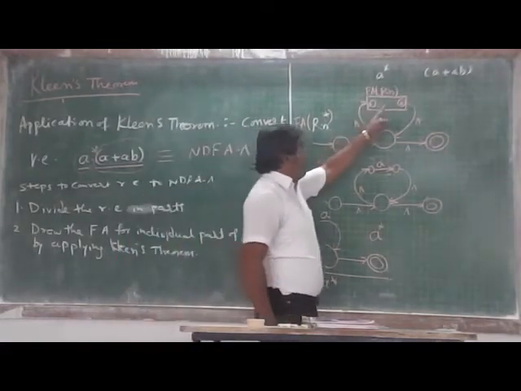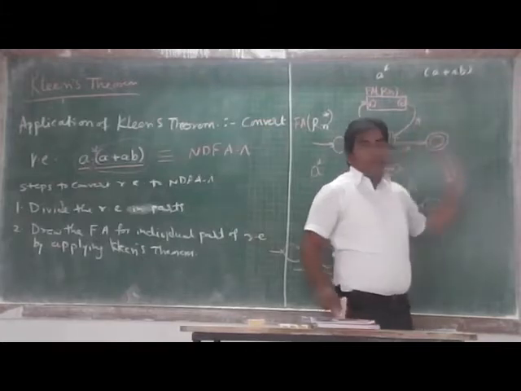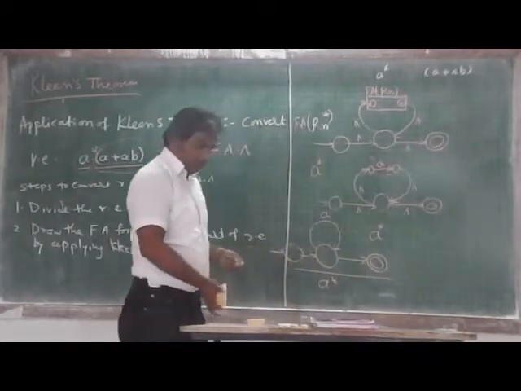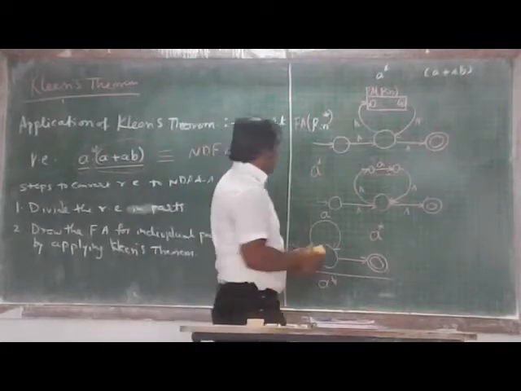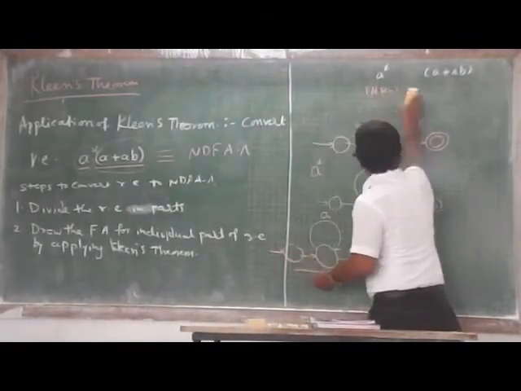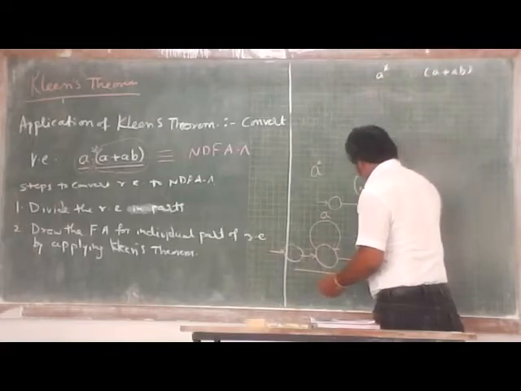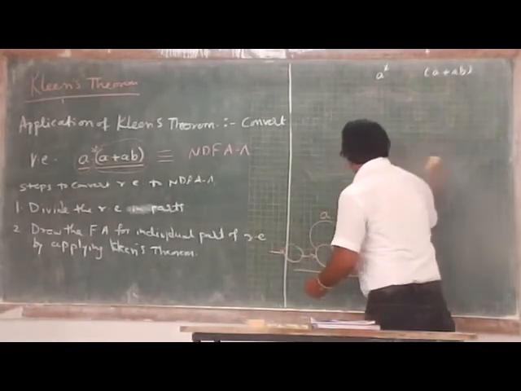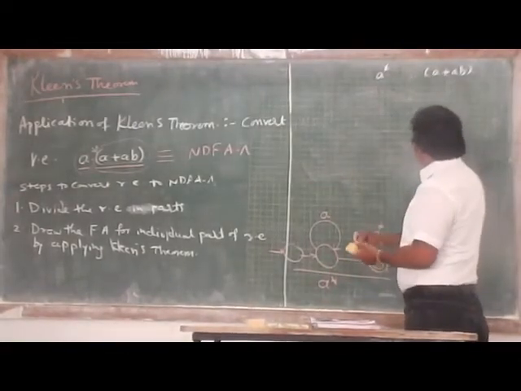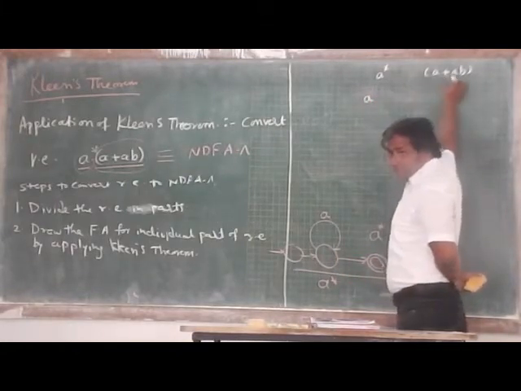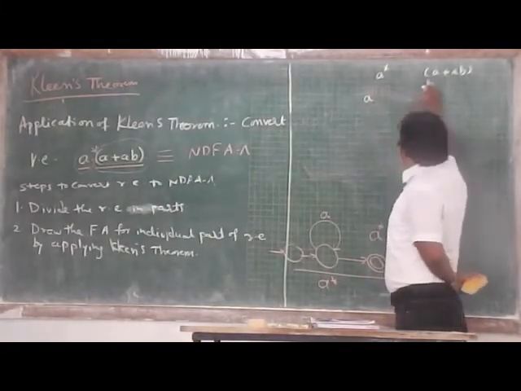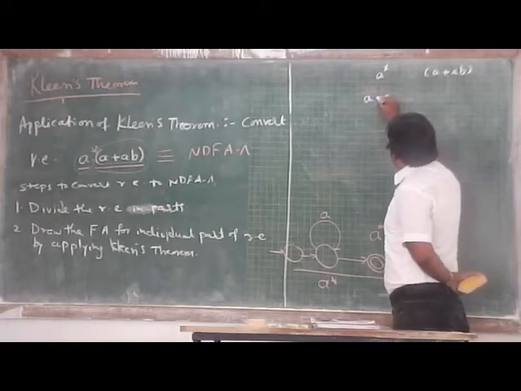Then further we should go for A plus AB. How can we go for A plus AB? I remove this. This part can again be divided into two parts: A and AB. This is A plus AB.